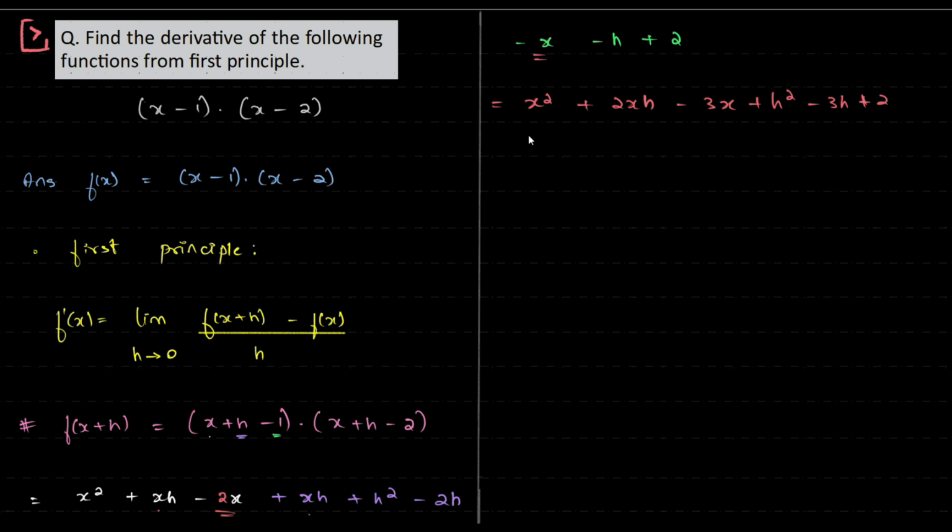So moving on, what do we have? We need to substitute this in the first principle. So we'll end up with f'(x) is equal to limit h tending towards 0. The first expression, I'm just copying it, nothing else.